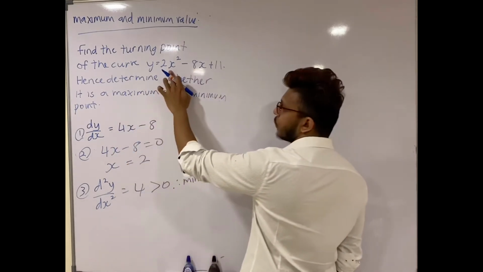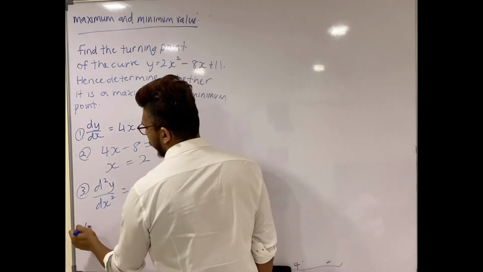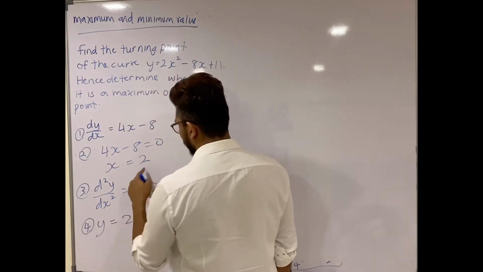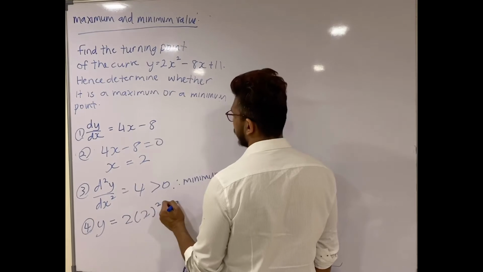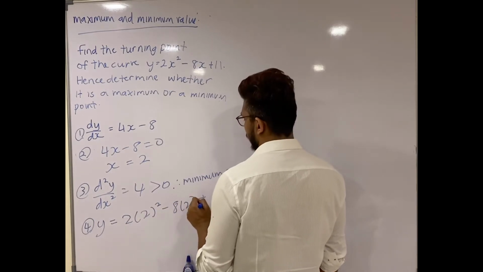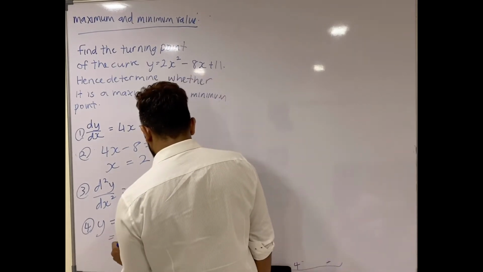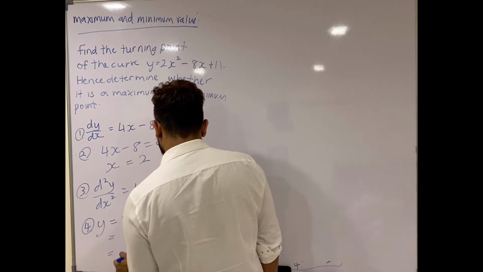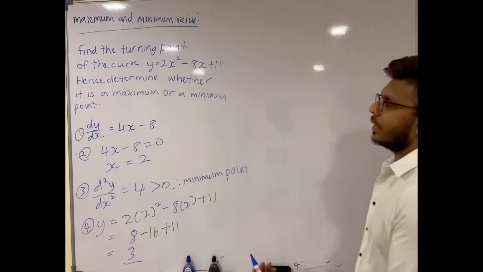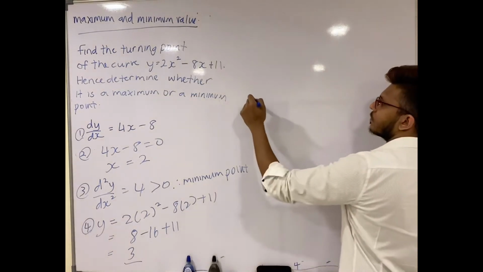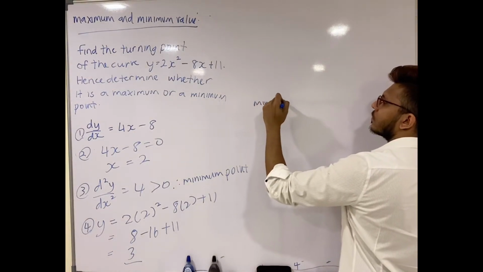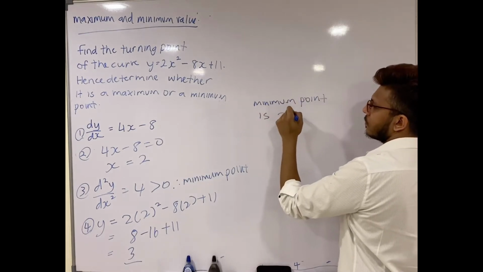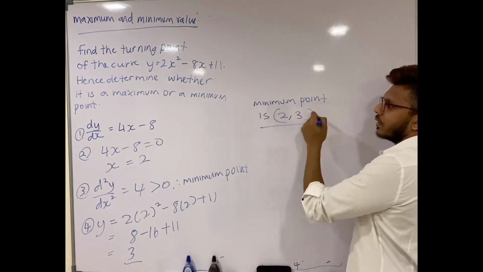Substitute back into the equation and you can find your y value. So, your minimum point is going to be, and we are done.